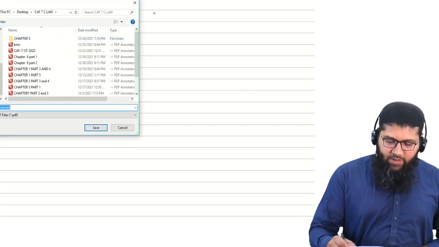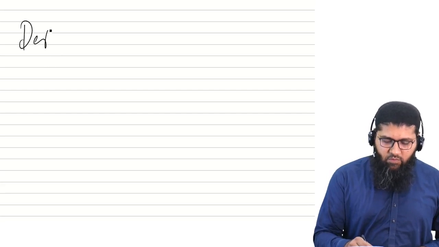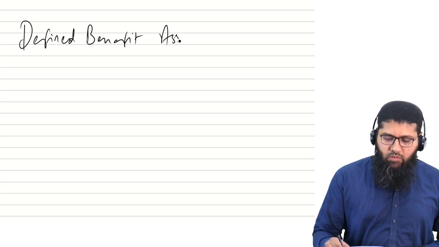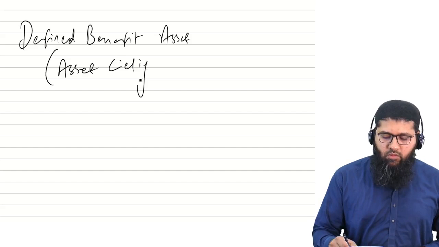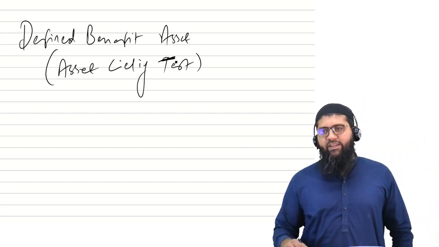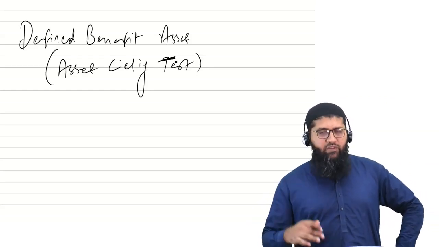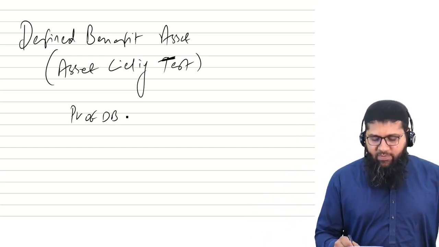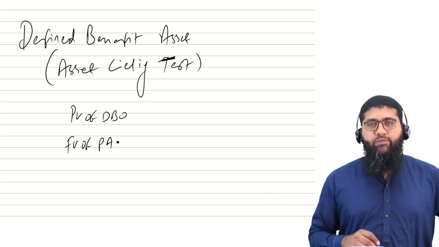Okay, now let's move a bit forward. Let's discuss further. There is a concept of defined benefit asset, which we also term as asset ceiling test. Now, what exactly do you mean by this? See, at times what happens is when we say present value of defined benefit obligation and we say fair value of plan asset.